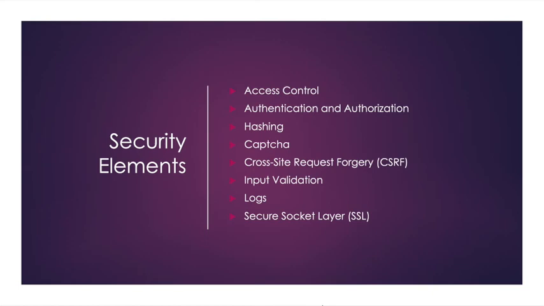Hashing is important to encrypt the user's password to protect it from attacks such as man-in-the-middle attacks, or for example, if the database is hacked, the hacker will not be able to know the user's password. And CAPTCHA is implemented for the purpose of securing against several security threats that might affect the system.